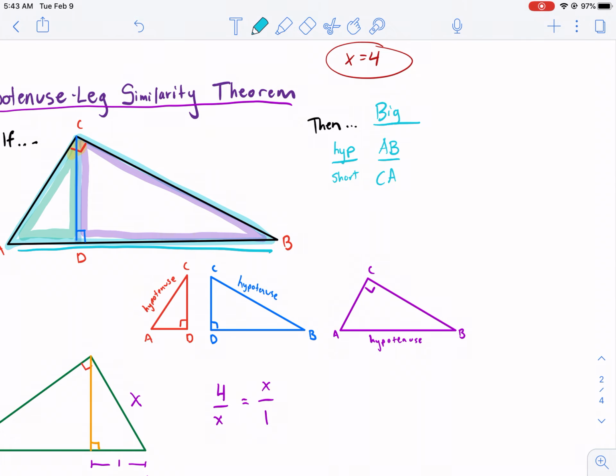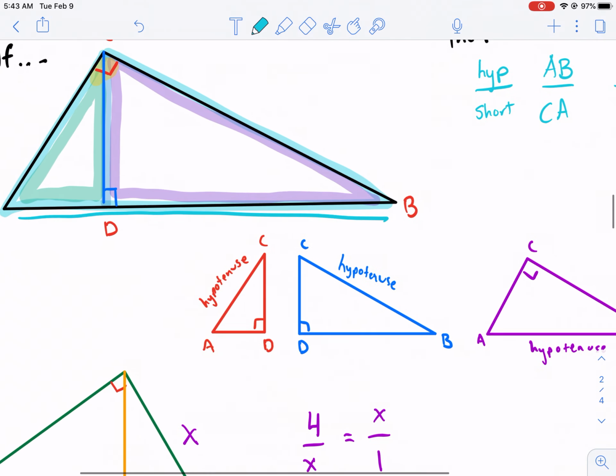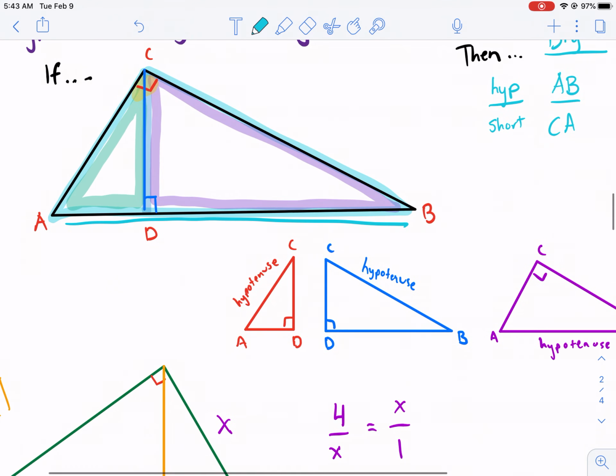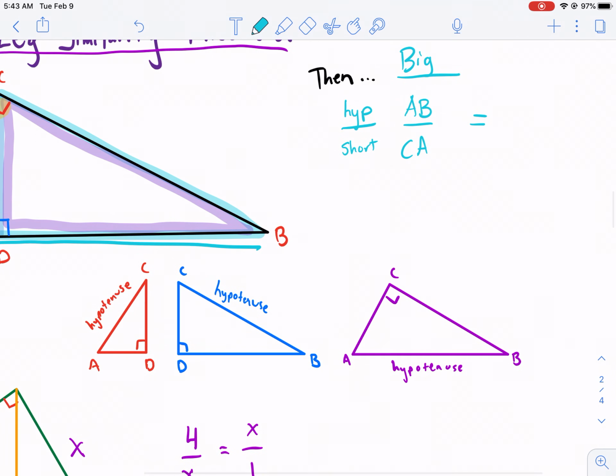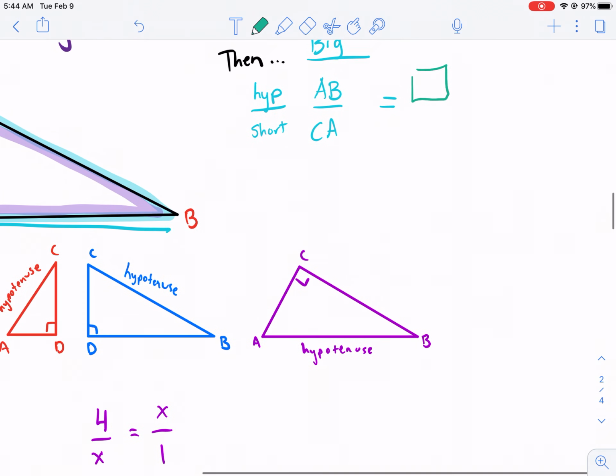Now, what will this be equal to? It's going to be equal to another hypotenuse over a short side. This hypotenuse on the top needs to be equal to this one on the bottom, this short side on the bottom. So what has a hypotenuse of CA? We're looking for CA as a hypotenuse for a shape.